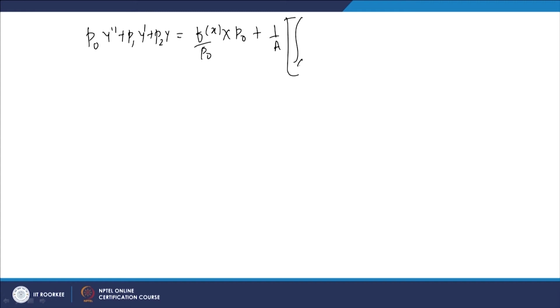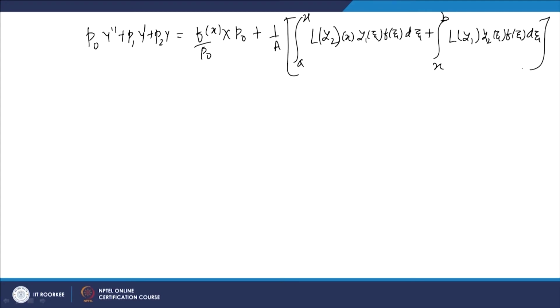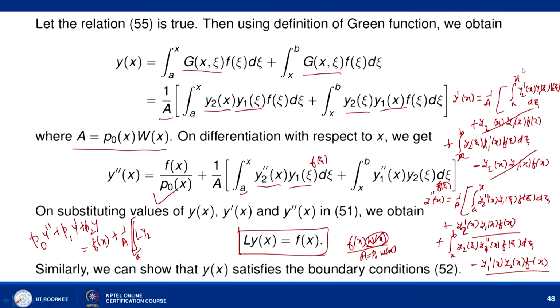When you collect you will get L of y2 of x, y1 xi, f of xi d xi plus, and x2 b here, then you will get L of y1 y2 xi, f of xi d xi, and so on. So that is what we will obtain here. Okay, so if you collect the remaining terms here.